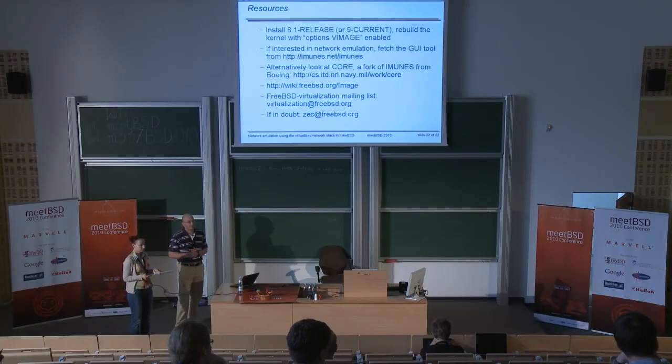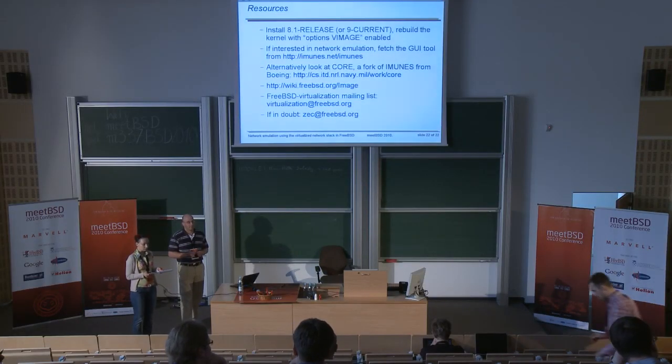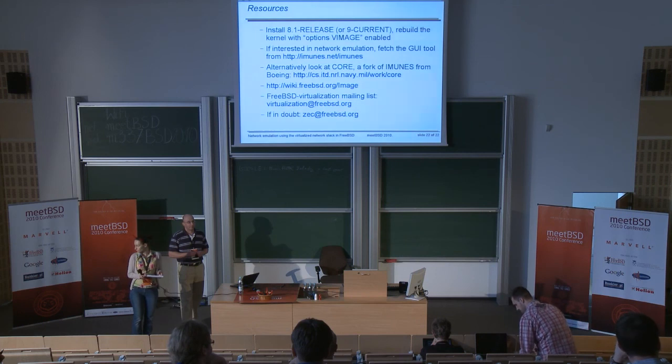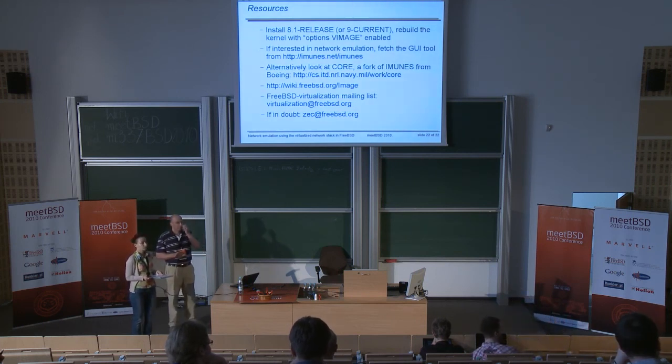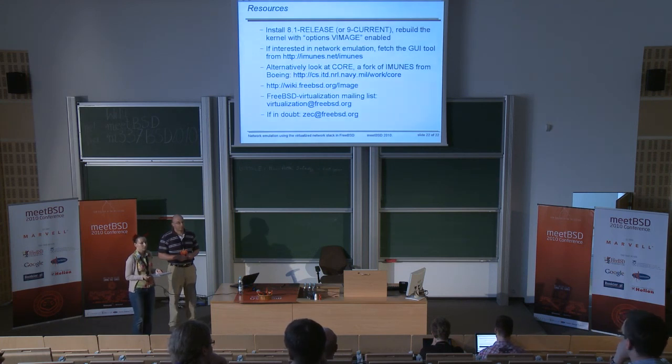Okay, and my second question is, if we have the VIMAGE option compiled in, but we don't want to use virtual network stacks, we just want to set up a simple jail, do we pay a price? What's the difference in overhead, in memory footprint, as compared to older jails?